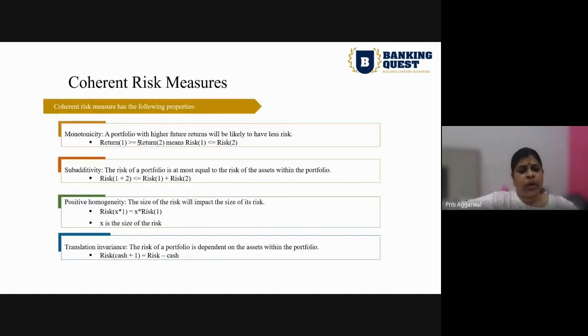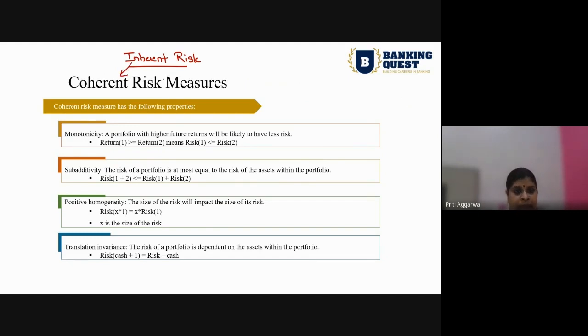Now, let us talk about some important properties of a coherent risk measure. Right now, friends, what do you mean by coherent risk? Inherent risk is what we have already talked about. Inherent risk is something which is already there in the system. Coherent risk is something which we try to measure with the help of your inherent risk.